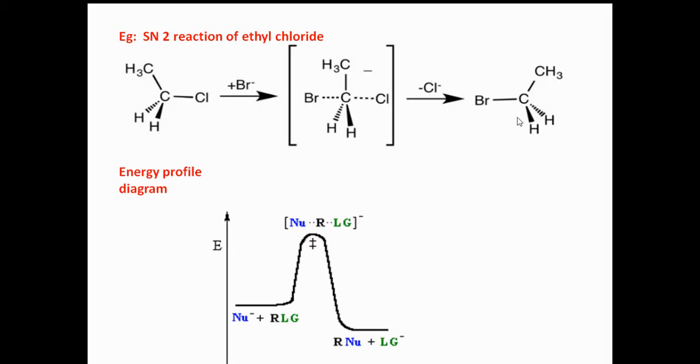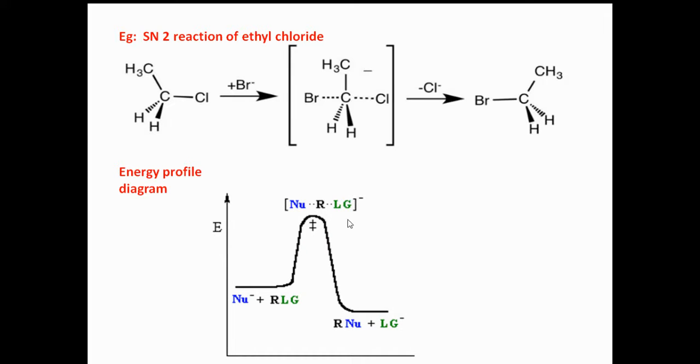The energy profile diagram of this reaction is, these are the reactants, the nucleophile and the alkyl halide, where they have to attain a certain activation energy which is very high, and at this level we can see the transition state where both bond breaking and bond making are simultaneously shown, and it is a very unstable state.